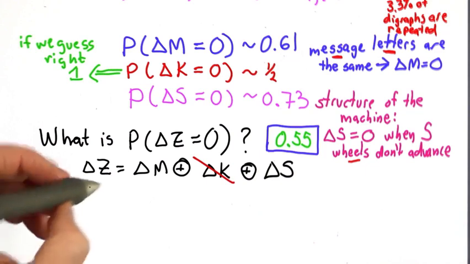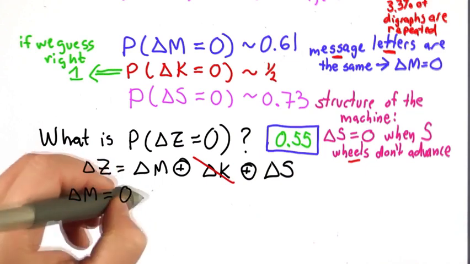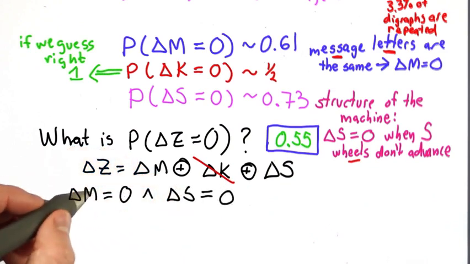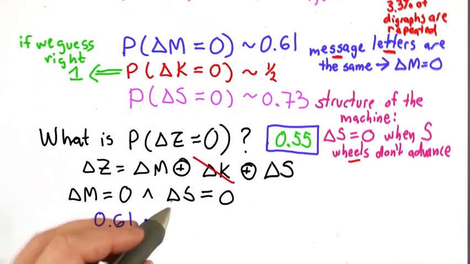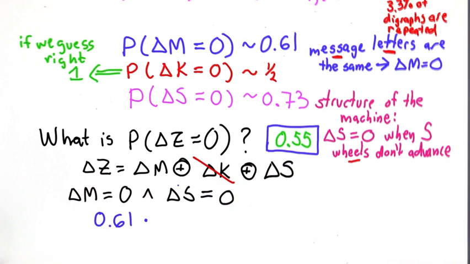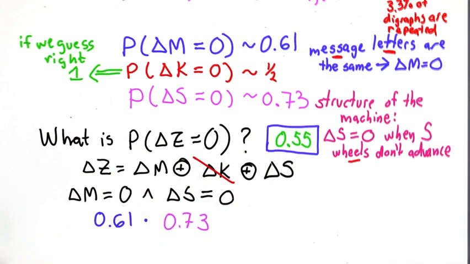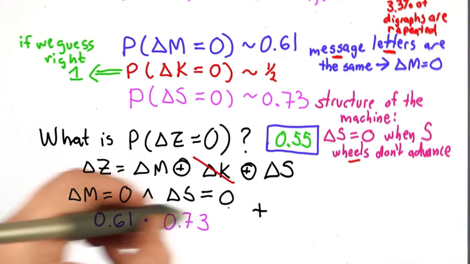Well, that could be 0 if delta m is equal to 0 and delta s is equal to 0. Then the XOR of 0 and 0 would be 0. The probability that delta m is 0, we know that. That's 0.61. And we're going to multiply that by the probability that delta s is 0, which we know is 0.73. But that's not the only way delta z could be 0. The other way is if both of these are 1.